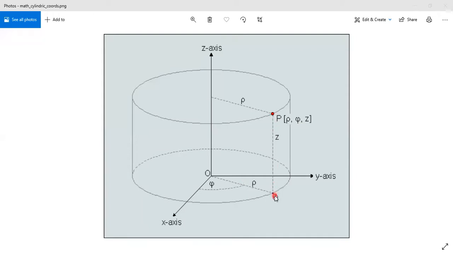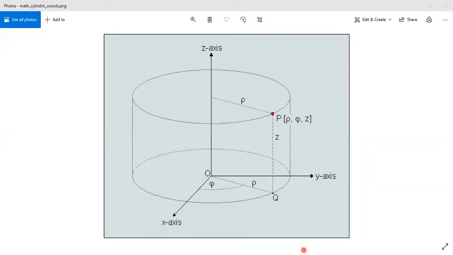So Q is the foot of the perpendicular dropped from the point P on the xy plane. The angle between OQ and the x-axis is phi, and the distance from O to Q is rho. So this is how rho, phi, and z are determined in the cylindrical coordinate system.